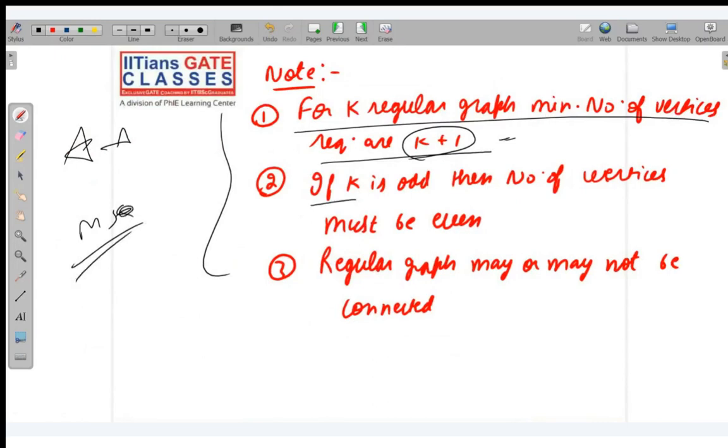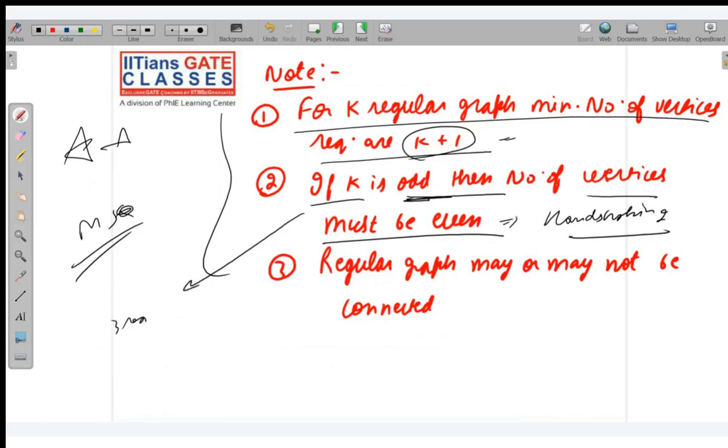If k is odd, the number of vertices must be even. That is for sure, by handshaking theorem. Are you getting it? For example, 3 regular: the number of vertices must be even. Why?